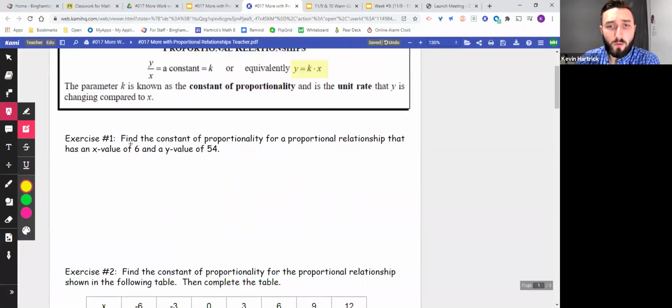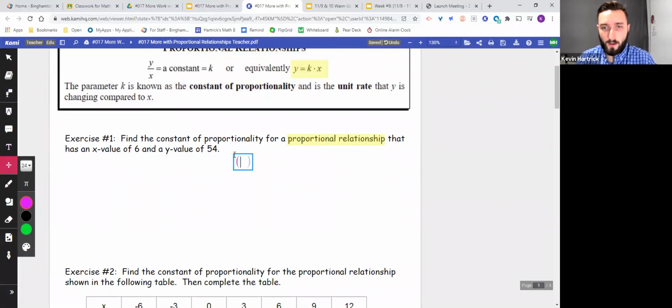So in exercise 1, we need to find the constant of proportionality for a proportional relationship, this is important to note, that has an x value of 6 and a y value of 54. The first thing I'm going to do is put this into a coordinate point, because remember, this can always help us sort of organize our thoughts. So the x value is 6 and the y value is 54.